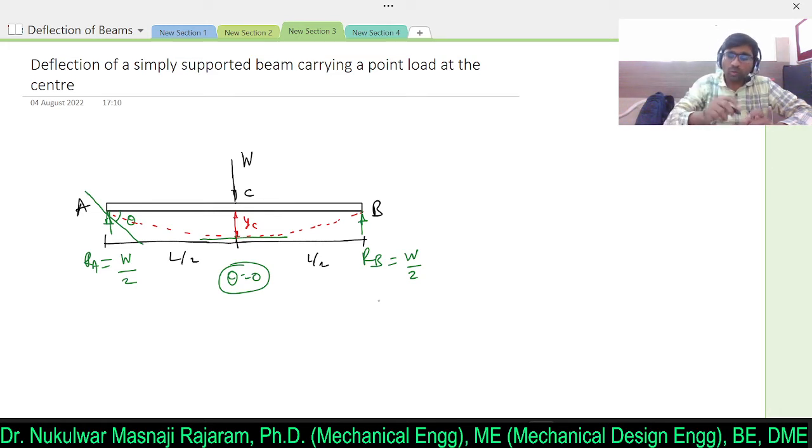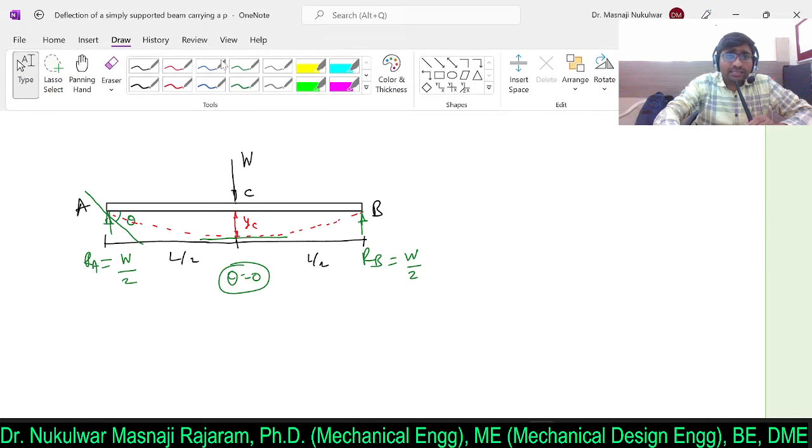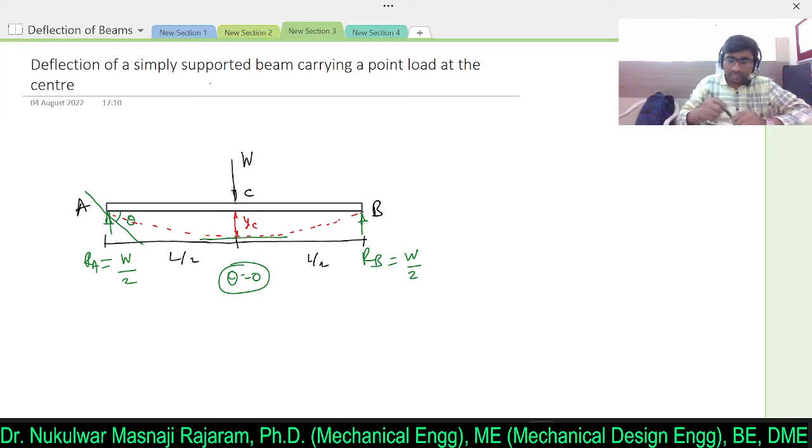Simple. Now what I will do, I will consider one section. Clear? So here I will consider one section. I will name it XX, at a distance of x from the point A. Now when I consider the section, I will write the moment at the section, and it will be RA into x.